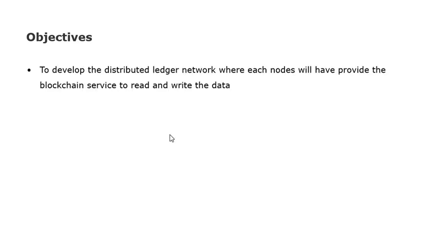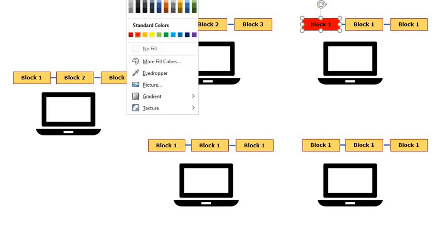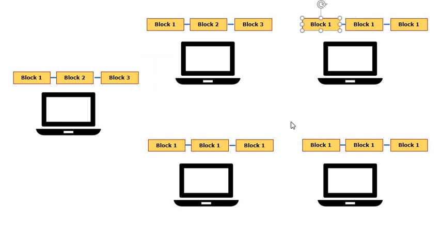The first objective in our project is to develop a distributed ledger network where each node will provide the blockchain service to read and write the data. That means the network you people have seen here is called a distributed ledger network, because the data is distributed among multiple nodes.